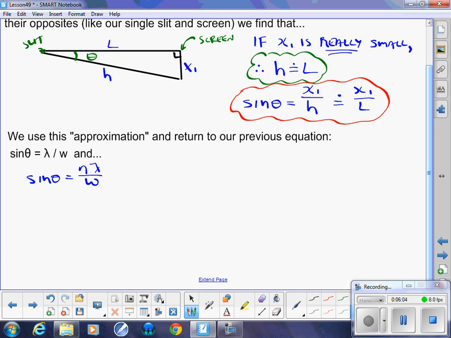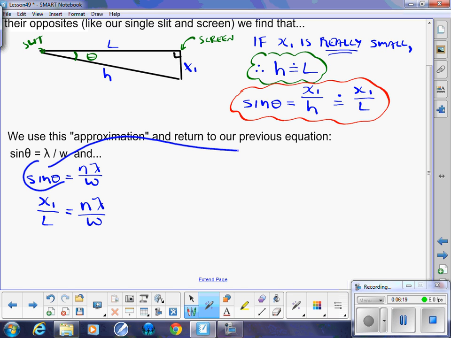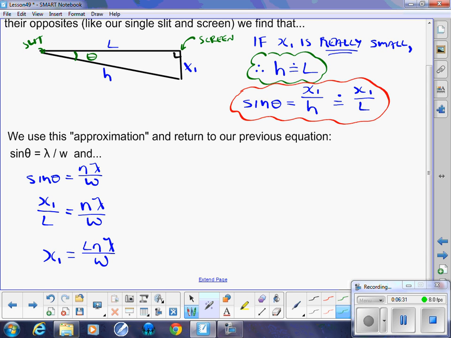Well, sine theta now is equal to x1 over L, so x1 over L equals n lambda over W. I've just replaced sine theta with the equivalent ratio. So I'm just playing around here, and what we do is we isolate x1 to get x1 equals L n lambda over W. So that's one of the relationships I'm interested in.